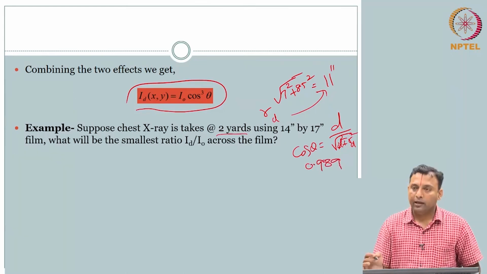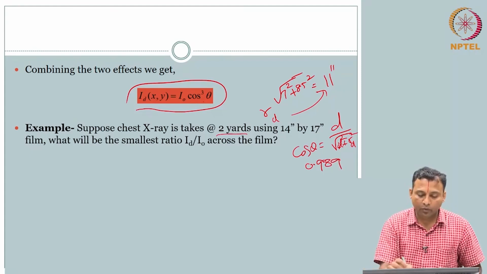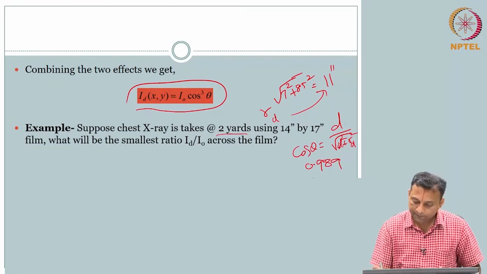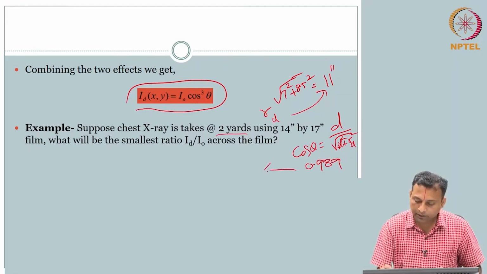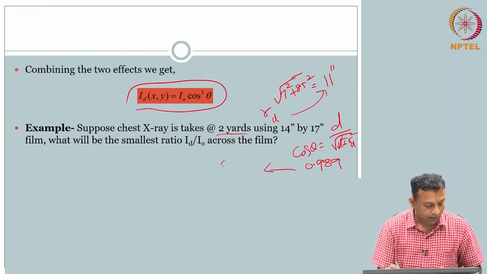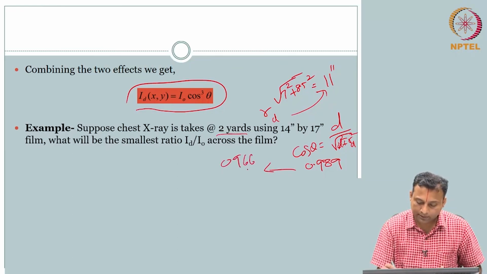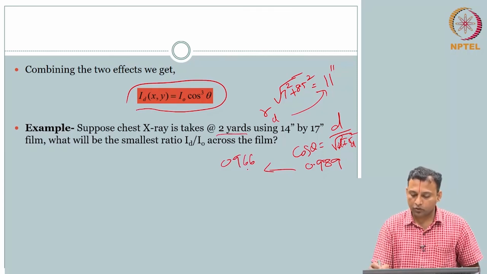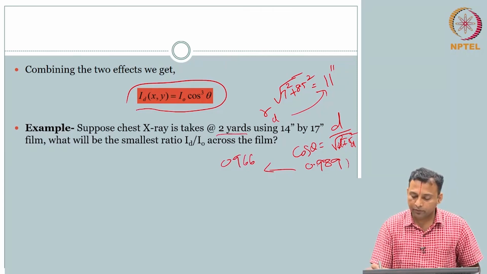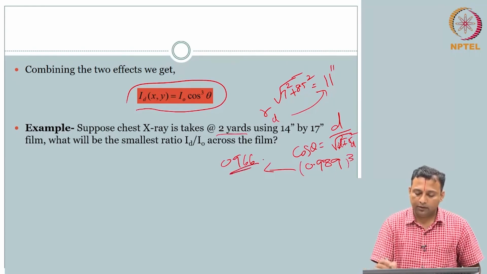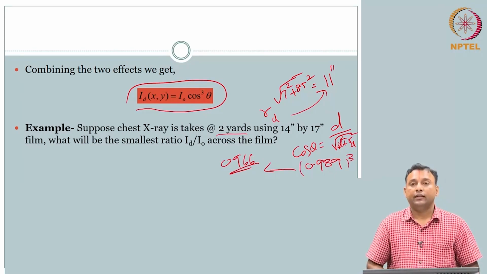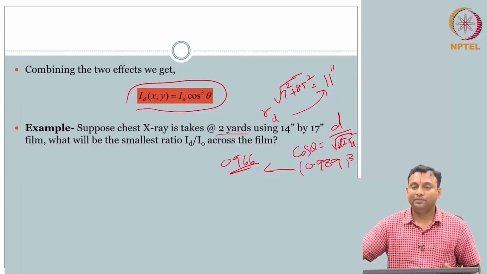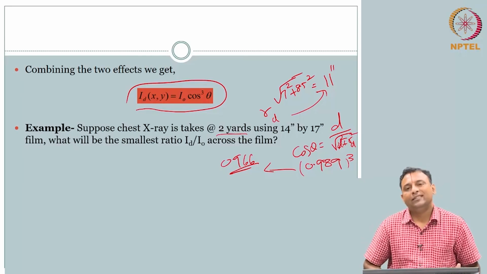If you substitute, you will get a value of around 0.989, but that is cos theta. What we want is cos cube theta. That turns out to be about 0.966. So, the cube of this is this, the ratio that is asked. So, about 3% variation, not a big deal.